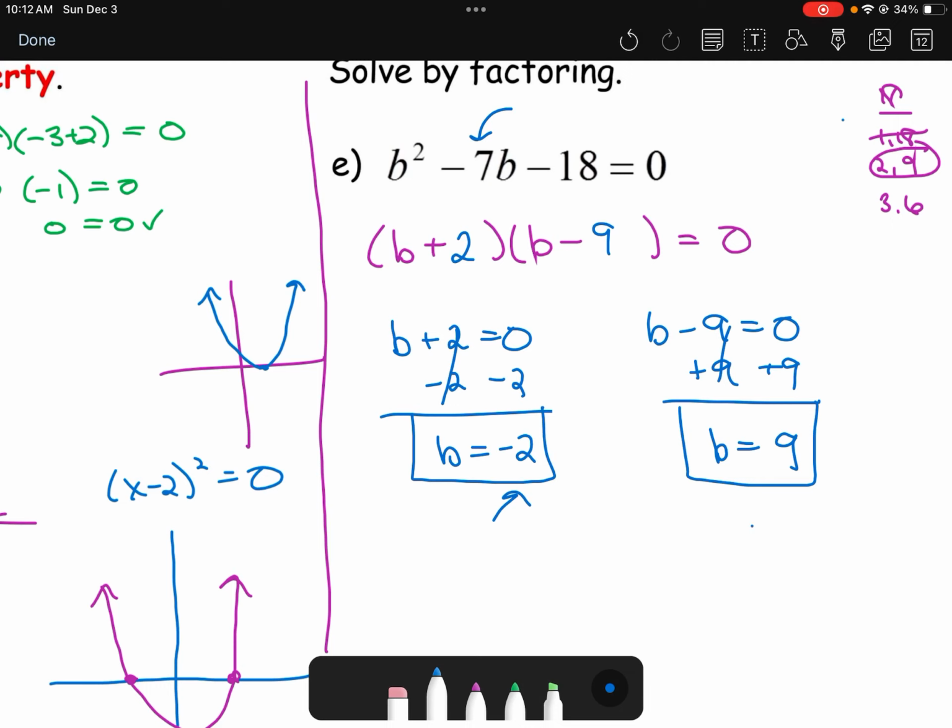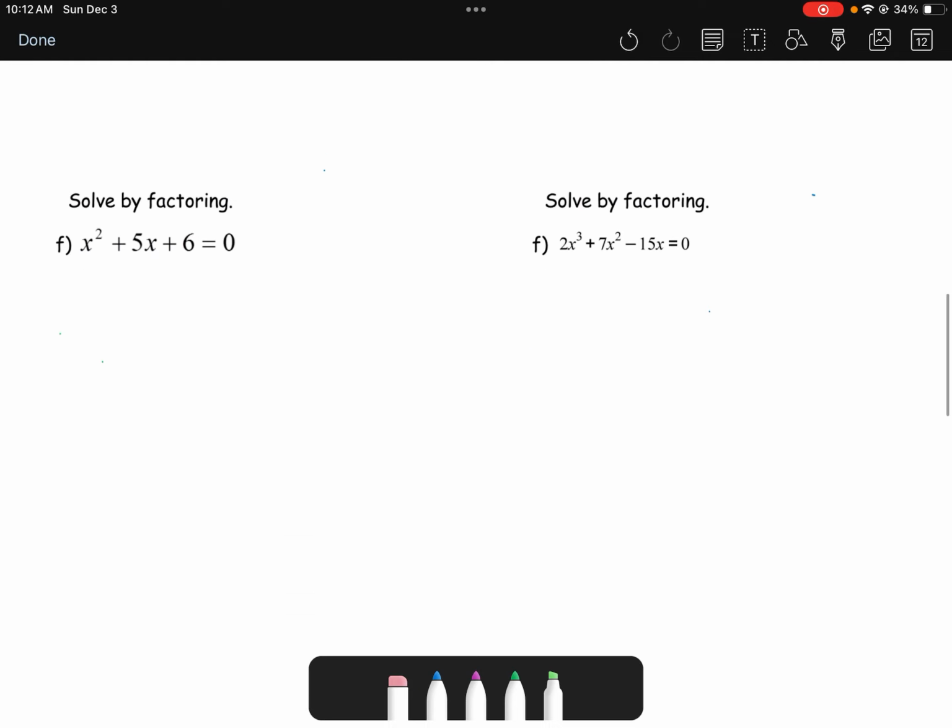It's b minus 9, your answer is positive 9. Because remember, you're moving it over, doing the inverse, so it's going to be the opposite sign. That's a nice little way to look at it as well. Okay, so that is it. Again, we're combining our factoring and doing one extra step with it, now setting it equal to 0 and solving.